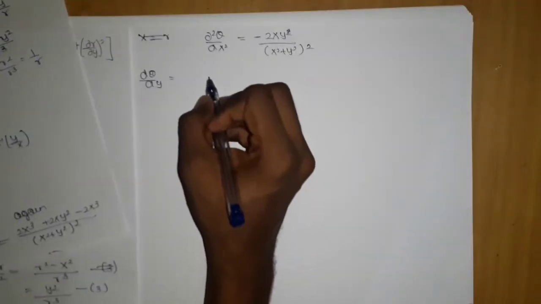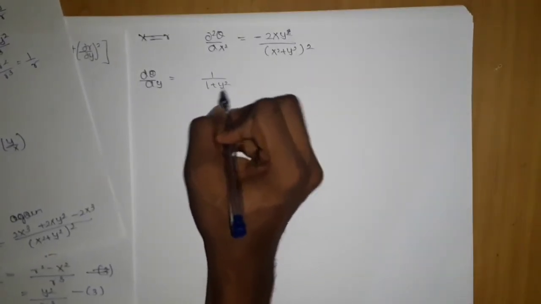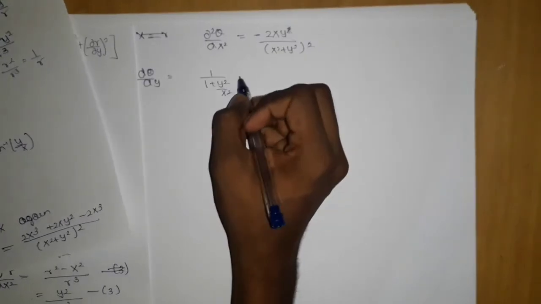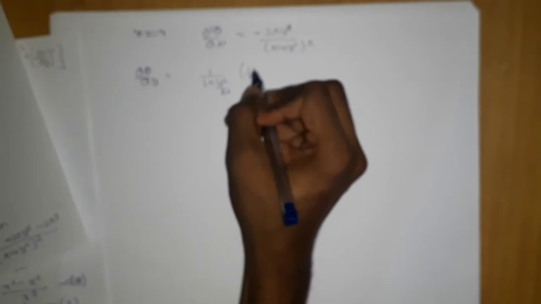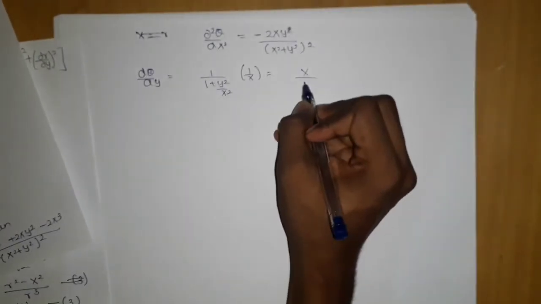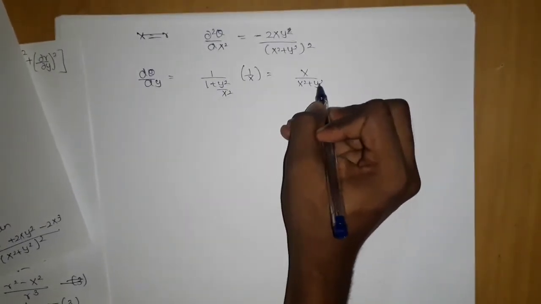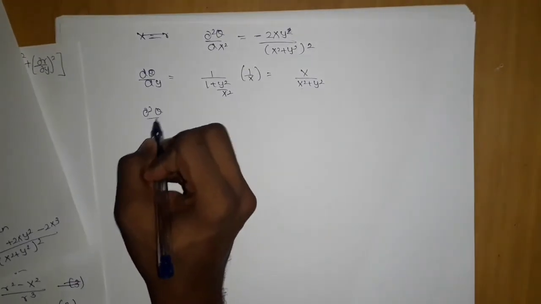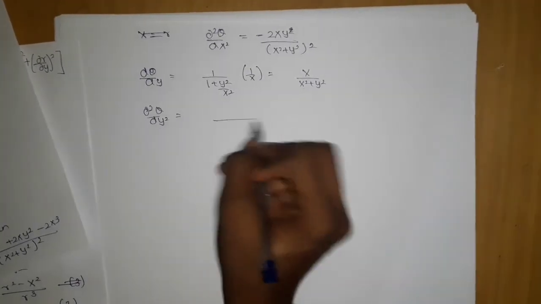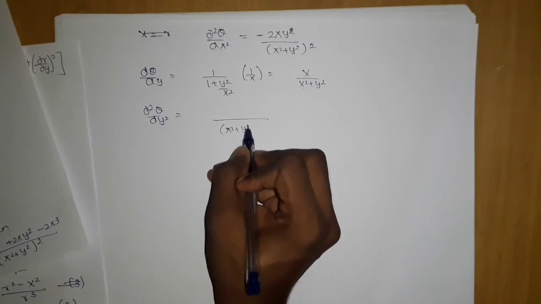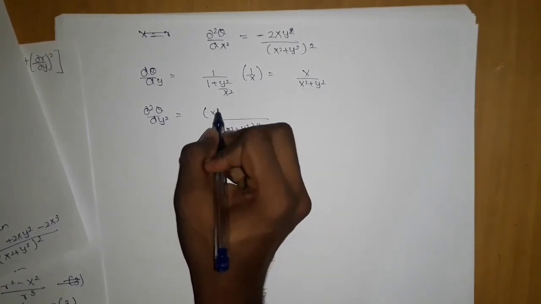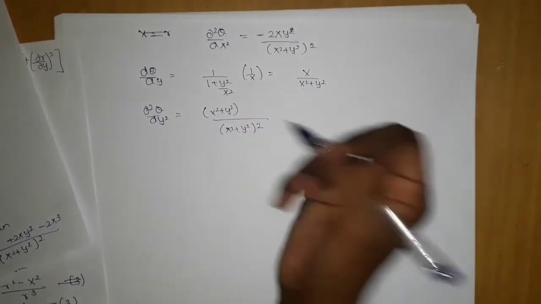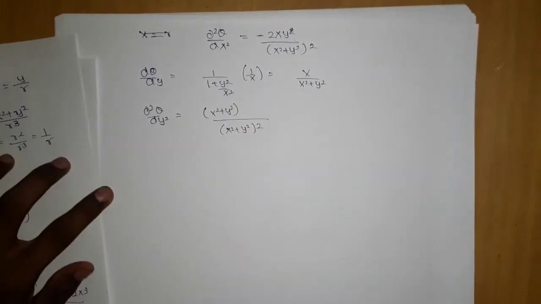Similarly, if I do this, I am going to get 1 by 1 plus y²/x², and since we are differentiating with respect to y, it will be 1 by x, and if we simplify, it will be x by x² plus y². Now if I want to get ∂²θ/∂y², it will be (x² plus y²) the whole square in the denominator.